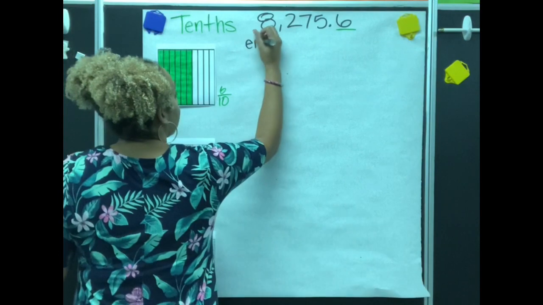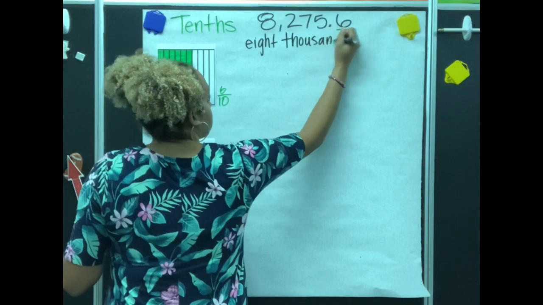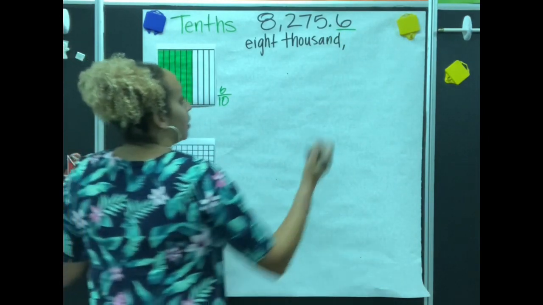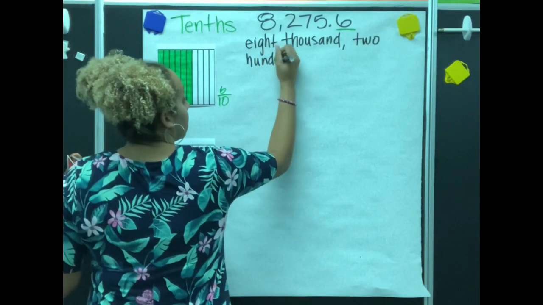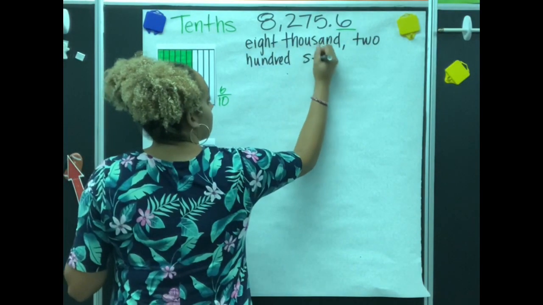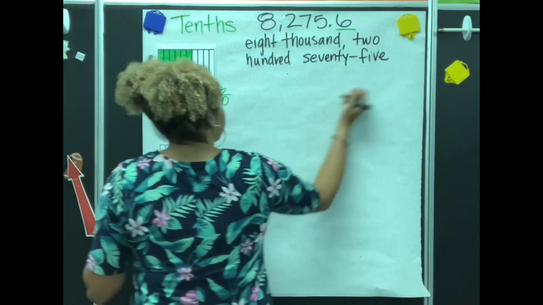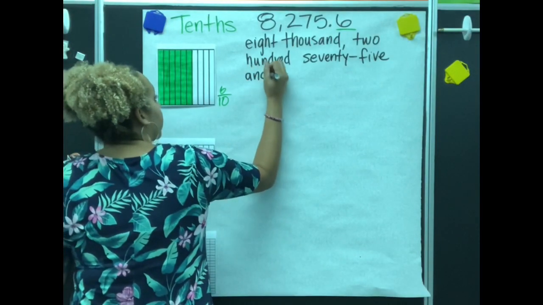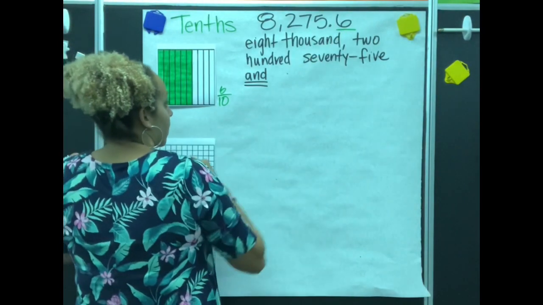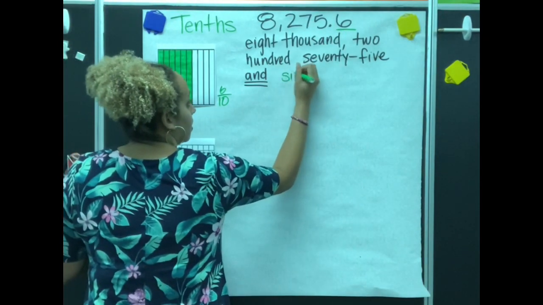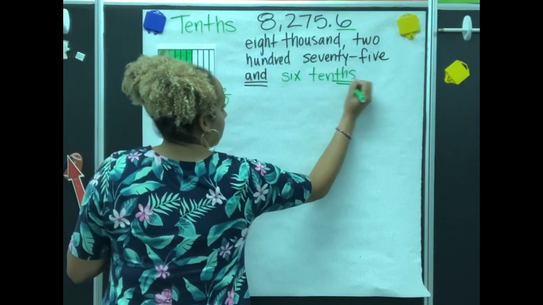This is going to say 8,000, because we're saying the name before we jump the comma fence, comma, 200, 75, clap, clap, and 6 tenths.